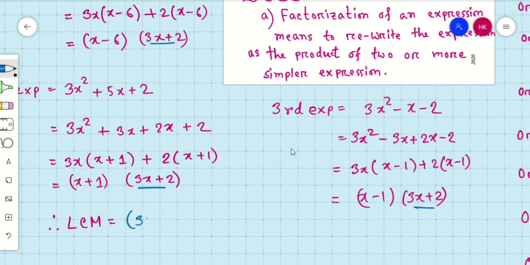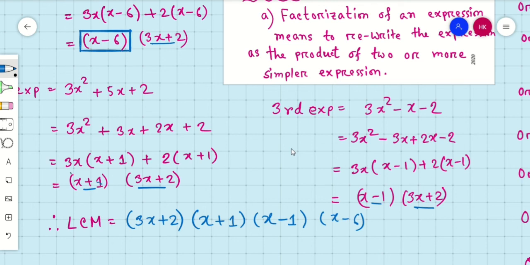So we can take only one 3x plus 2, and then the rest of the factors x plus 1, x minus 1, and x minus 6. All should be written, which are left, in the form of multiplication.